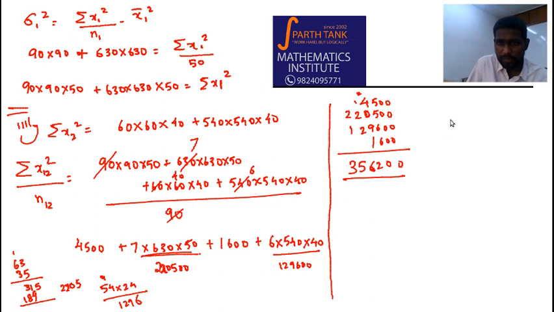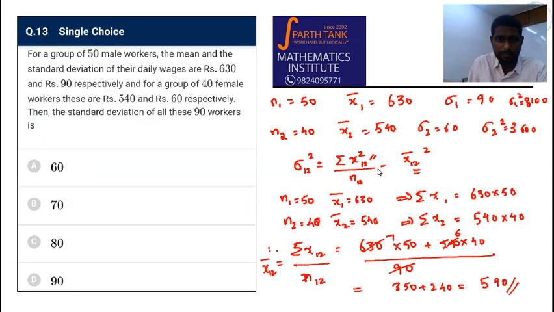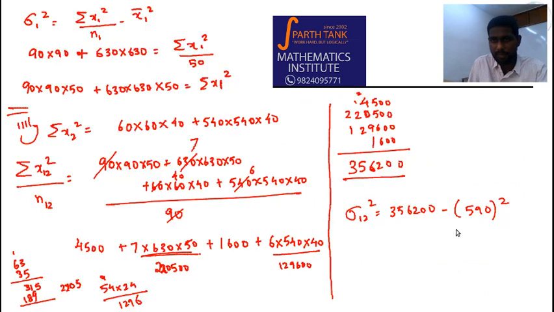So the new variance is going to be this whole term, 356200, minus the new mean squared, right? Basically I'm substituting it here. I got this term and the new mean is 590 squared. So 590 squared also has to be computed. 59 9s are 81, 8, 9 5s are 45, 53. 5 9s are 45, 4, 29.